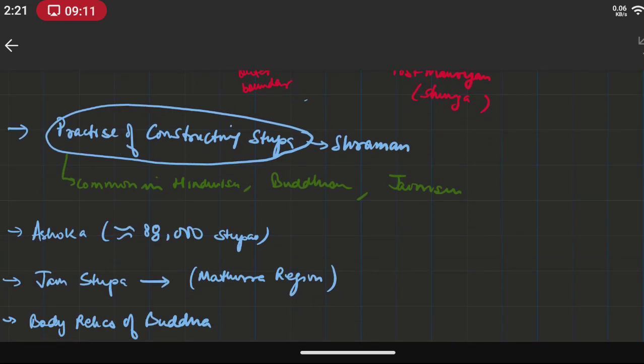This practice of constructing stupas belongs to the Shraman tradition. However, it is common in Hinduism, Buddhism and Jainism. According to an estimate, Ashoka constructed around 84,000 stupas, which made the stupa synonymous with Buddhism. Jain stupas can only be found in the Mathura region.